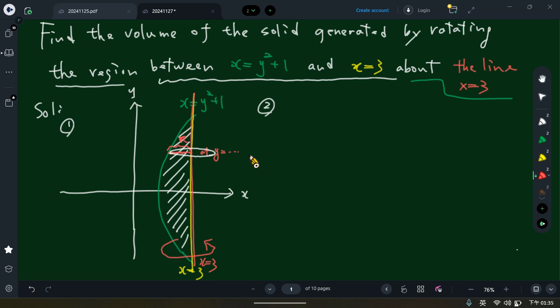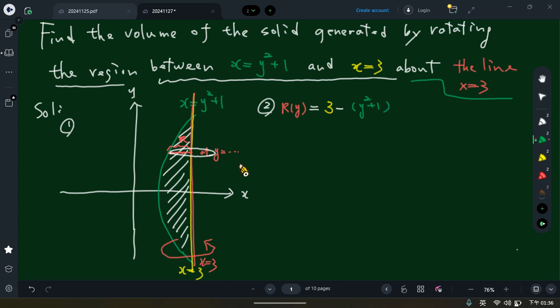So the first thing is we need to figure out what R is. R of y means the radius. In this case, you can see the yellow one is larger than this parabola, so it should be 3 minus y squared plus 1.